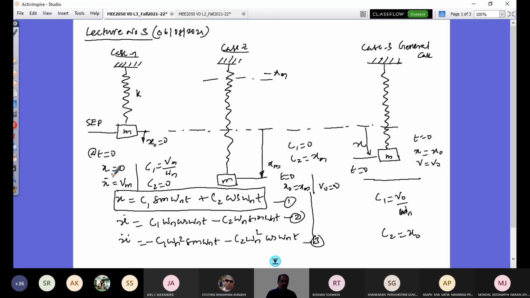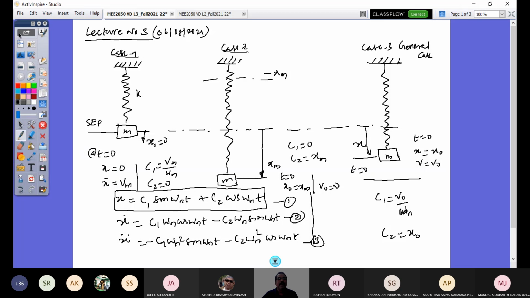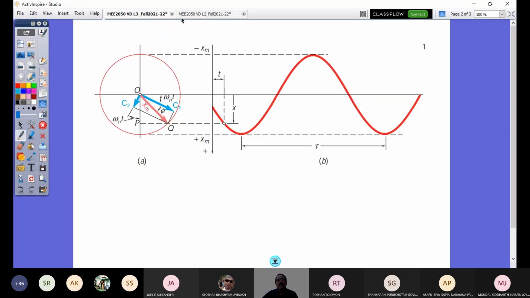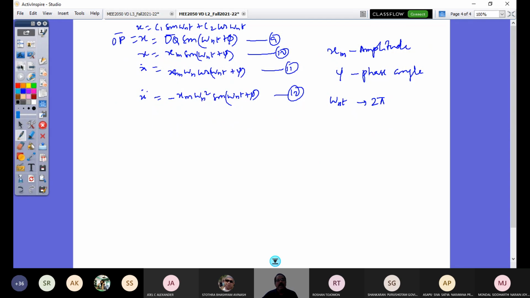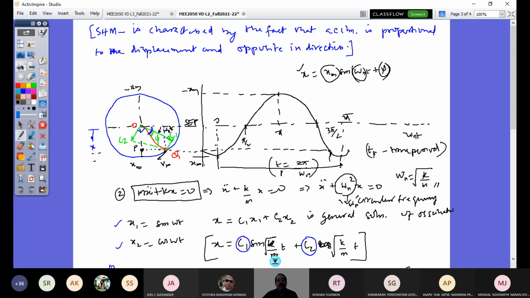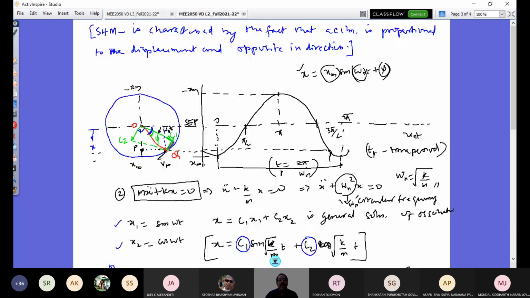So let's now look at this. We were also representing the same by C1 vector and C2 vector. That's what we were seeing in the last class. In the last class, this is the plot we have seen. Here I have an auxiliary circle with a vector OQ having radius as the maximum amplitude xm.